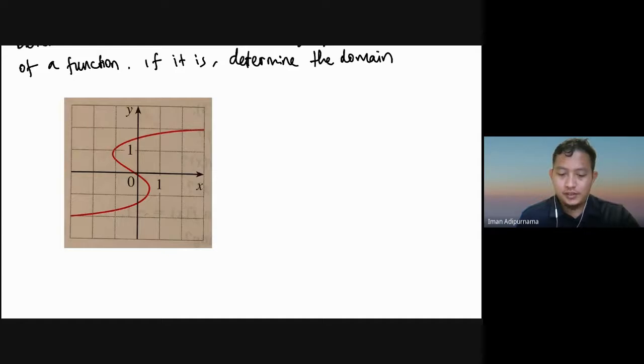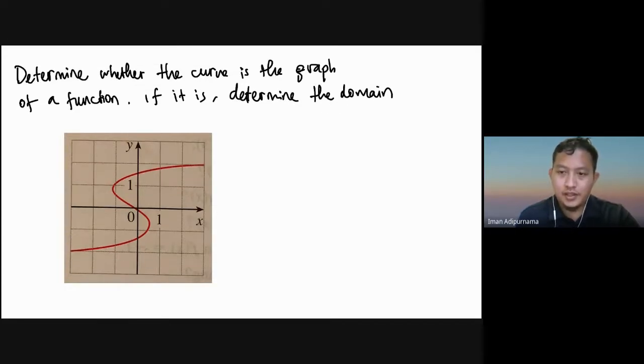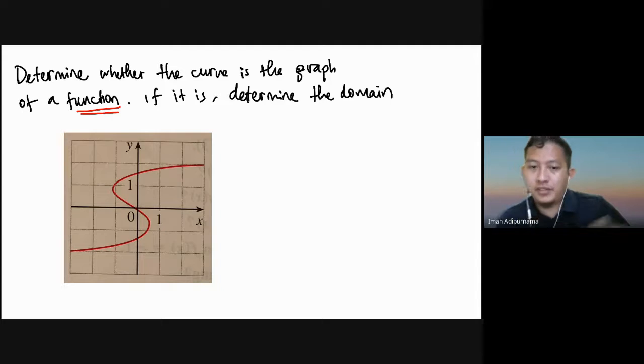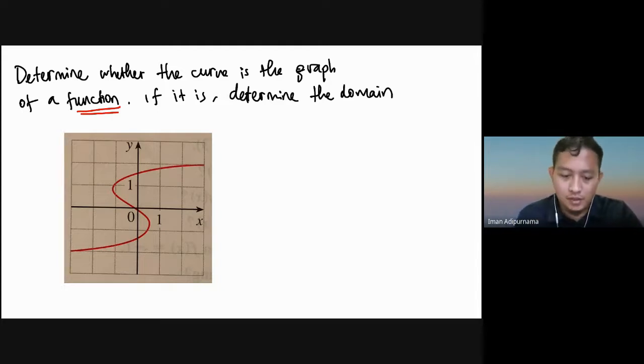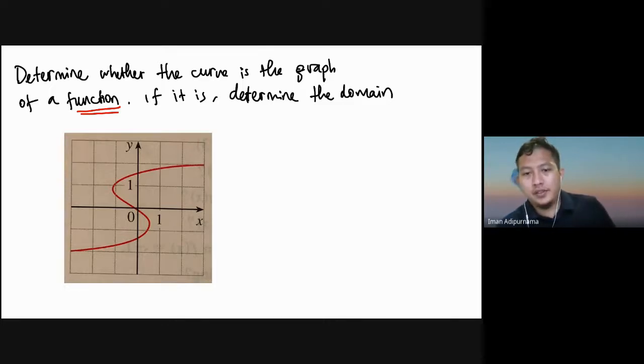So the idea here is to check the function, right? I hope you still remember. I'm just reviewing: I hope you still remember how to check whether it's a function or not. You can type in the chat box how to check if the graph is a function or not.